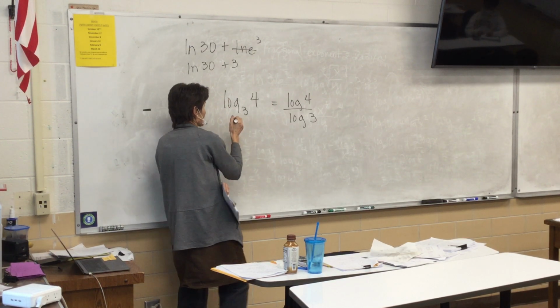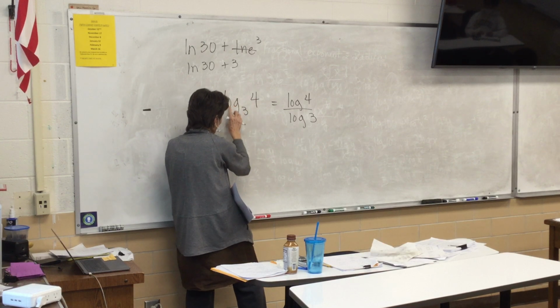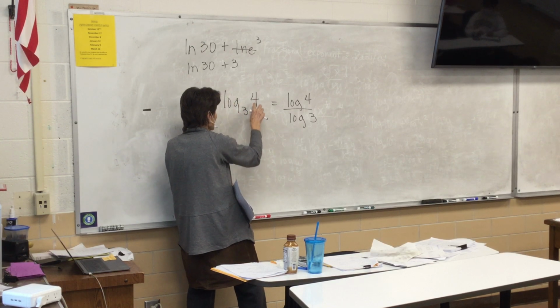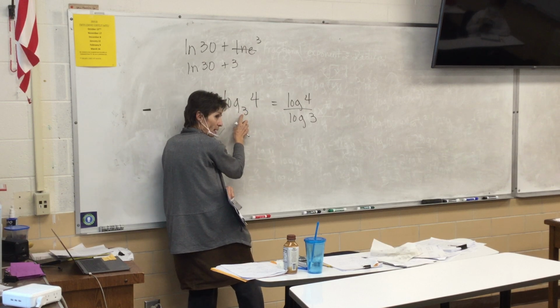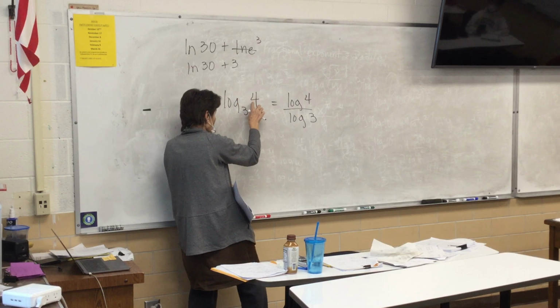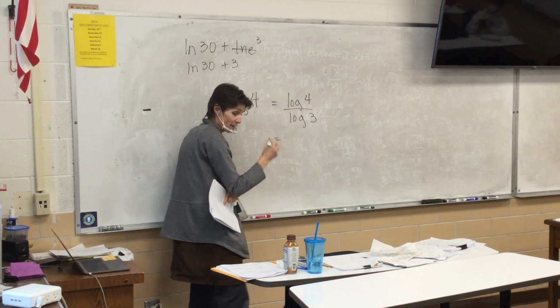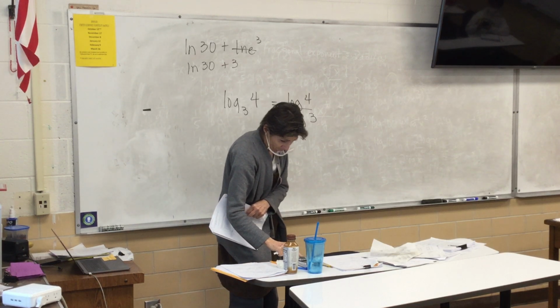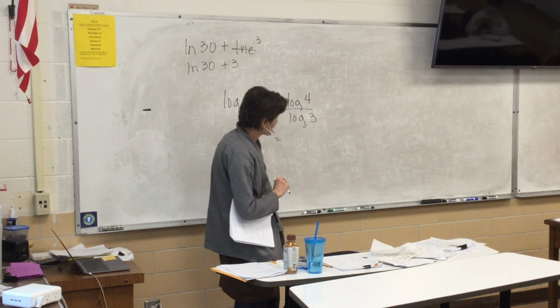So I think about this. When I look at the way the problem is written, this number is kind of on the top, this number is kind of on the bottom, just the way the problem is structured. So it's the log at the top over the log at the bottom. And then I just go to my calculator. Now when you type it in, make sure you close the parentheses.